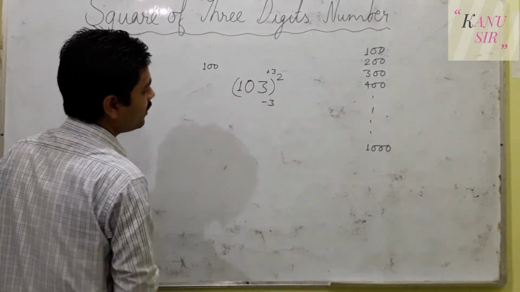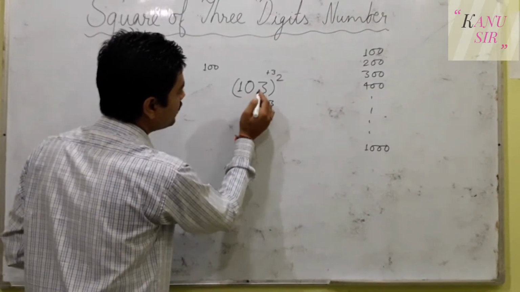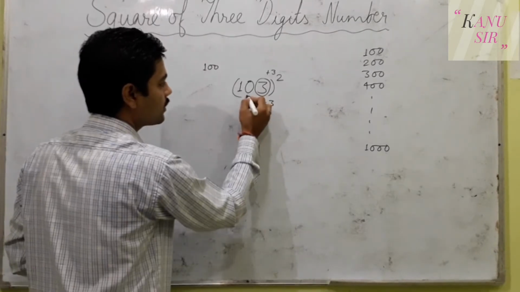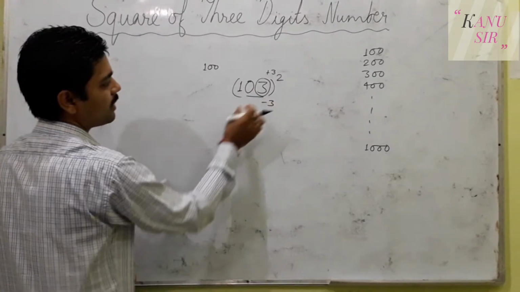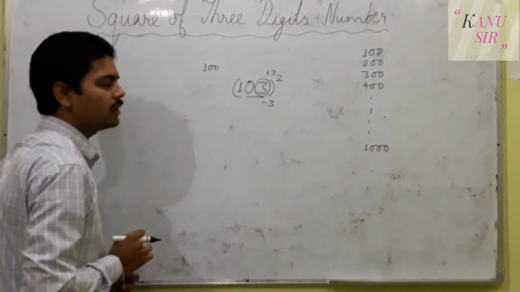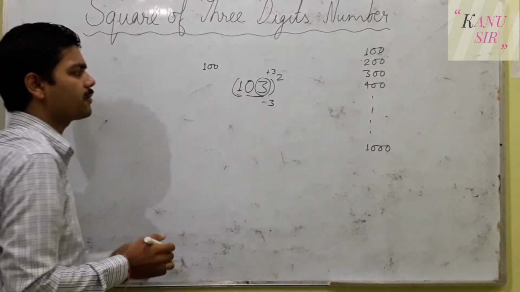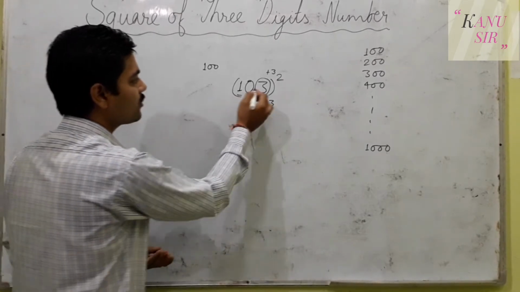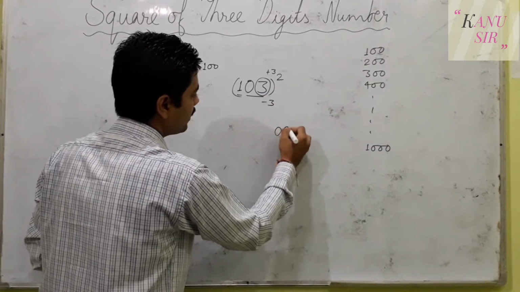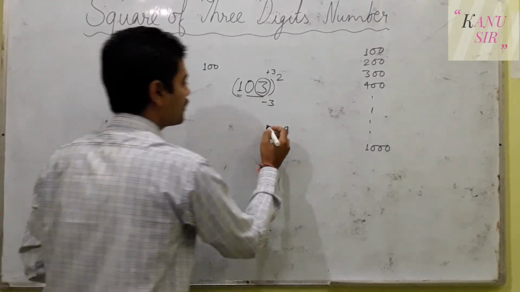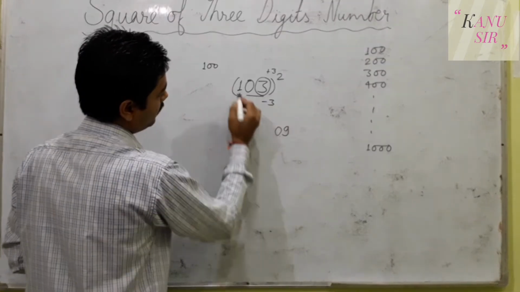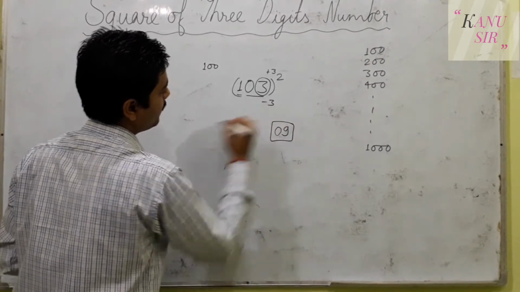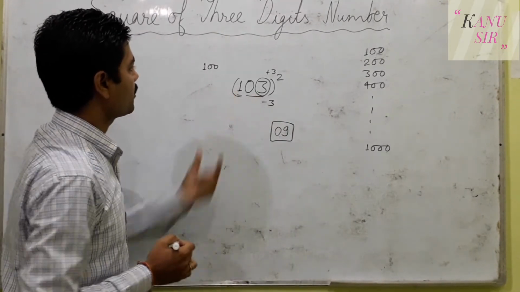But for balancing, if we subtract, we must add 3 there. Then after that, what can we do here? You have to take the square of 3 first, just a single digit, or you can understand the 2-digit number here. The previously I have said we have to break the 3 digits in the form of 2 digits. So the square of 3 will get 9. After that, we have to do the solution of 103.